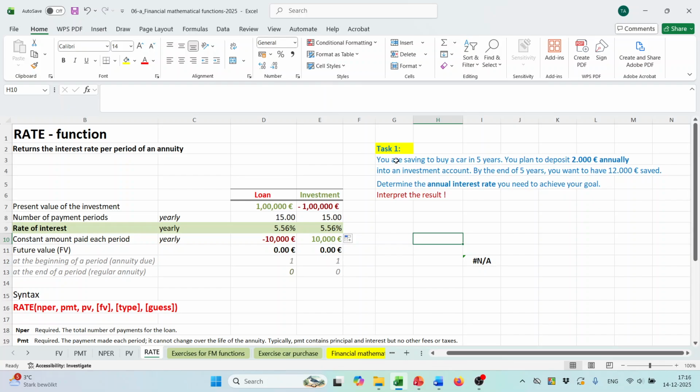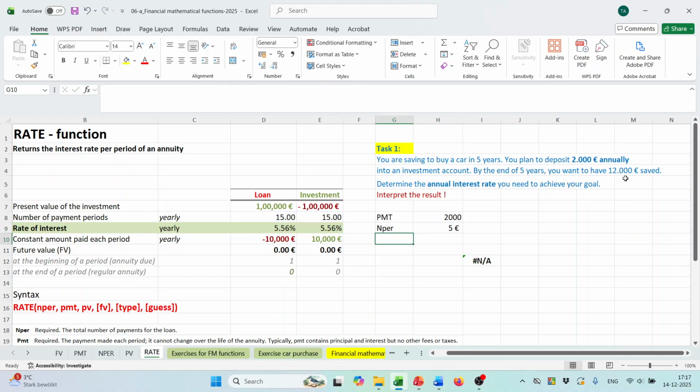And now let's do this. You are saving to buy a car in 5 years. You plan to deposit 2,000 euro annually, so our PMT is 2,000 euro, into an investment account for 5 years. So our period is 5 years.